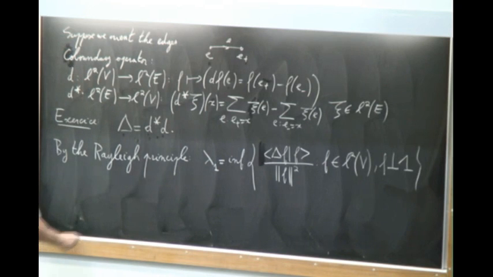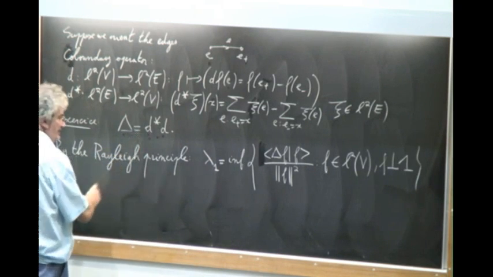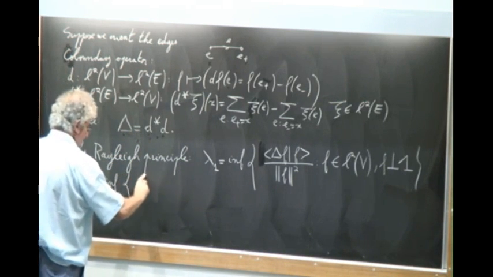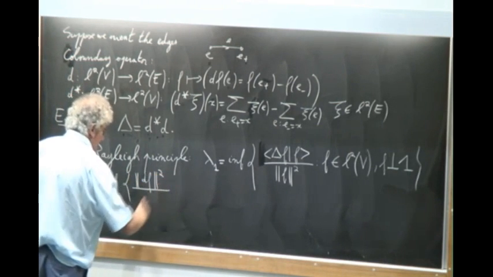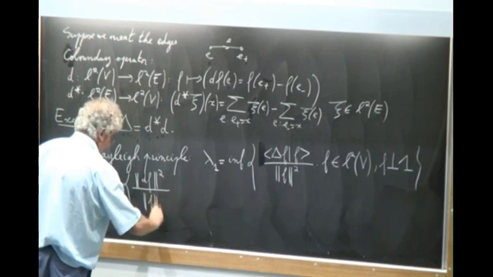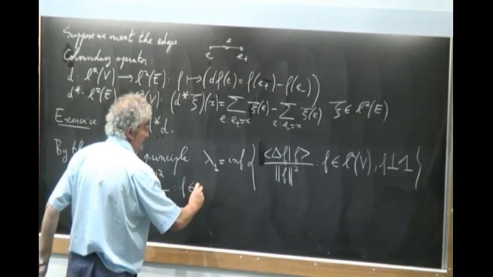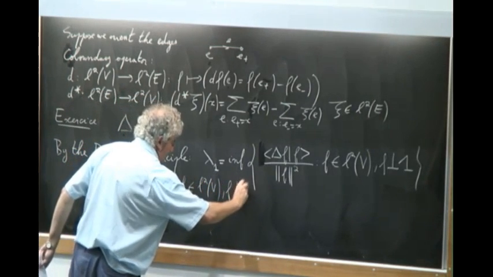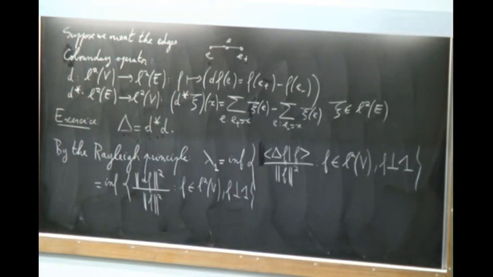And using that delta is d star d, this is the same thing as the infimum of the norm of df squared divided by the norm of f squared, for f in L2 of V, f orthogonal to 1. Okay?